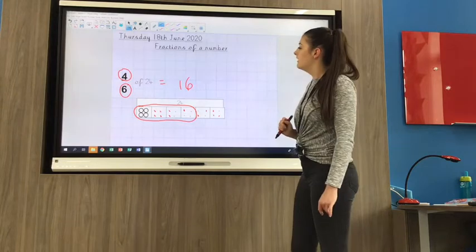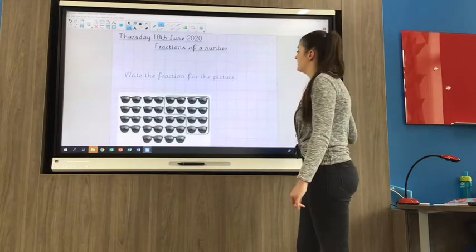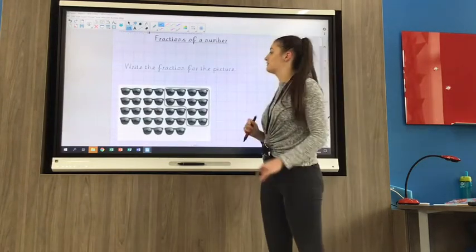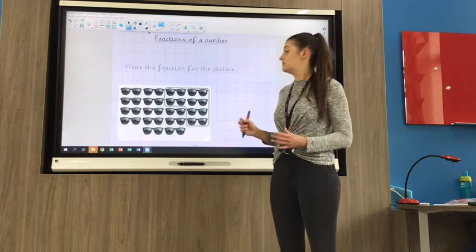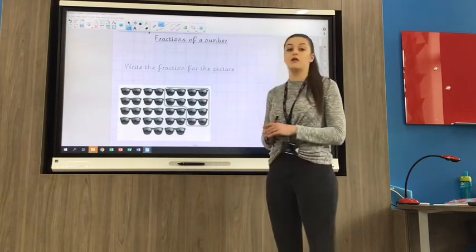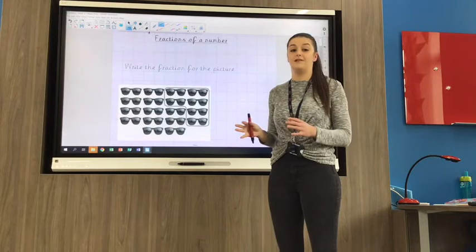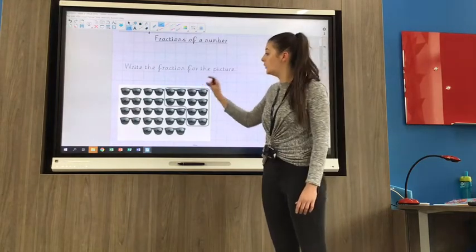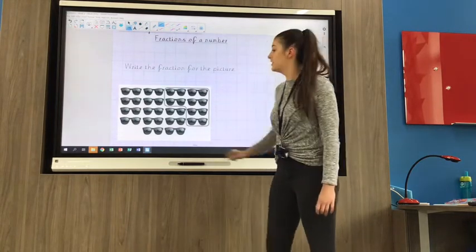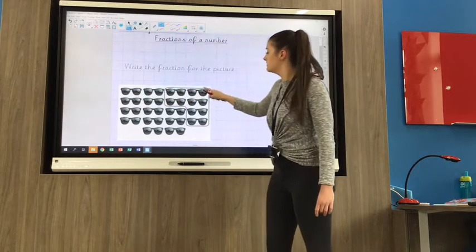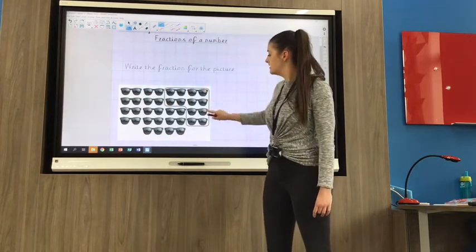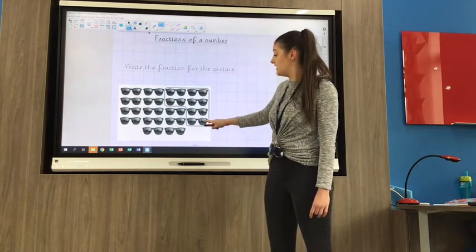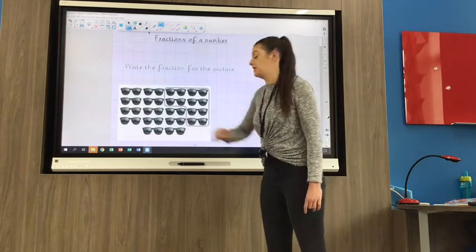Okay. Another activity you might have is asking you to write a fraction for the picture. Now the first thing we need to do is count how many pairs of sunglasses we have, because that will be our denominator. Okay, that's how many equal parts we've got. So I've got 4 here, so 4, 8, 12, 16, 17, 18, okay?